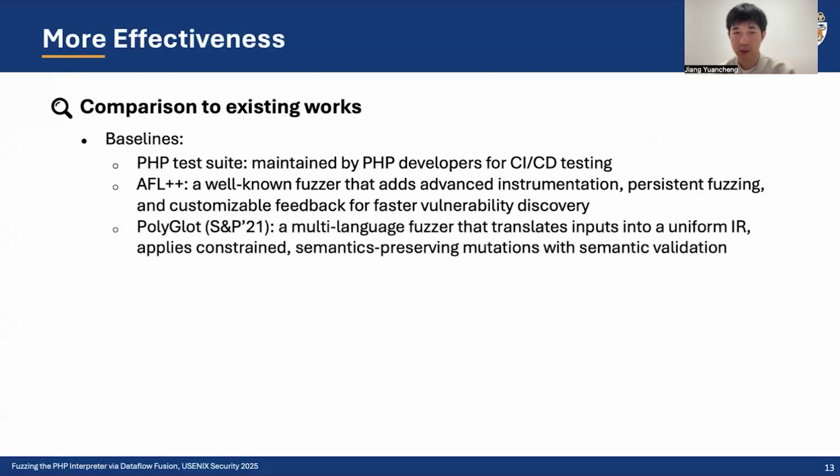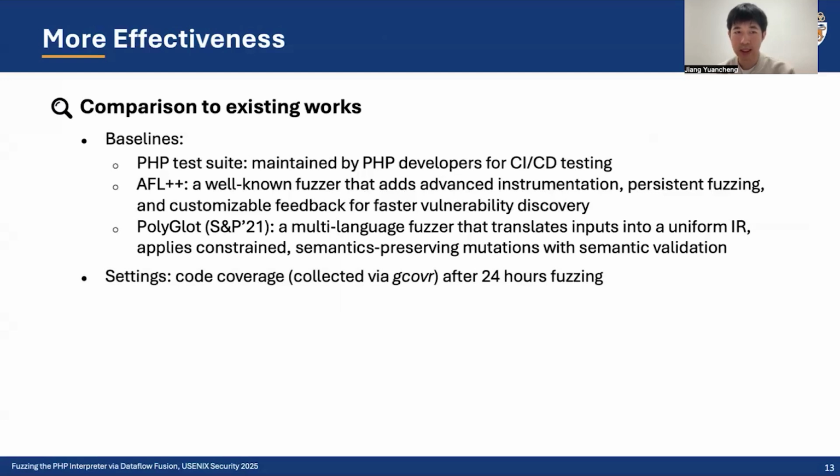Another related work is Polyglot, which is a multi-language fuzzer that translates inputs into a uniform IR, and applies constrained semantic-preserving mutations with semantic validation.